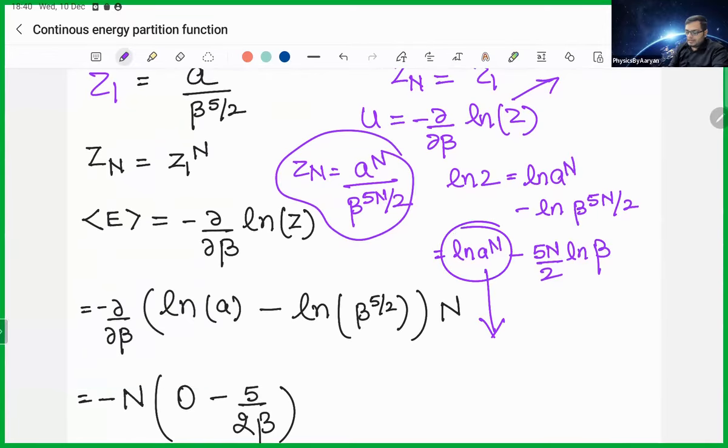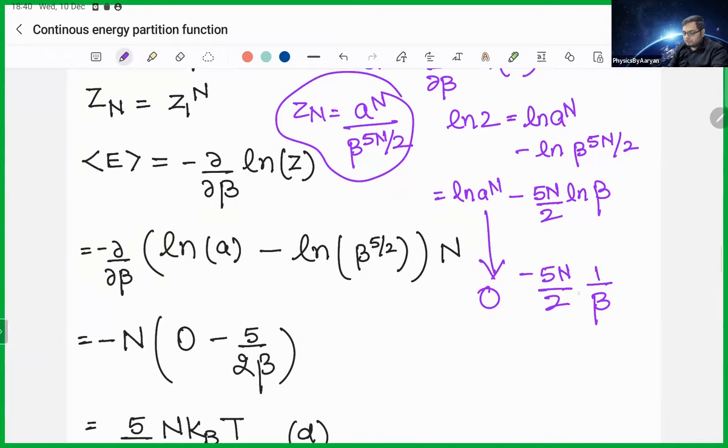तो यहाँ पे तो कोई beta है नहीं, there is no beta here, so इसका differentiation will be 0. And here you will have minus 5n by 2 and log beta का differentiation होगा 1 by beta. That's all. 1 by beta will be the differentiation of log beta. ठीक है? So this is your curly by curly beta of log of z, which is minus 5n by 2 into kBT.